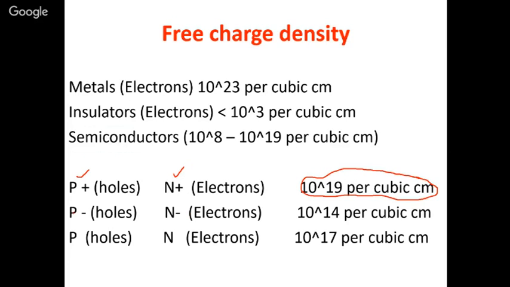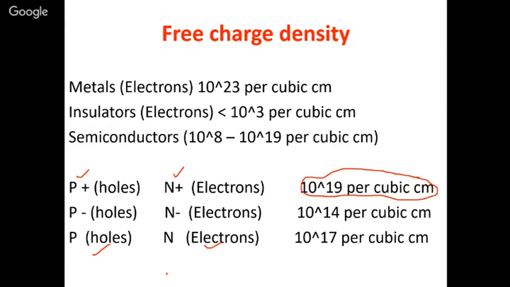Similarly, if it is 10 to the power 14 holes per cubic centimeter, we say it is P minus, or 10 to the power 14 electrons, we say it is N minus. So this is about the N minus and P minus regions. And after that, we have P and N. If there are 10 to the power 17 electrons per cubic centimeter, we say it is N region, and if there are 10 to the power 17 holes per cubic centimeter, we say it is P region.